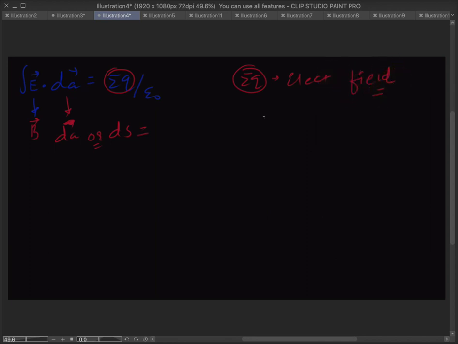But for the magnetic field, there is a requirement of current. So instead of sigma q we will place I. Another representation of 1 upon epsilon 0 is mu 0, which you are very much aware of, the permeability of vacuum.